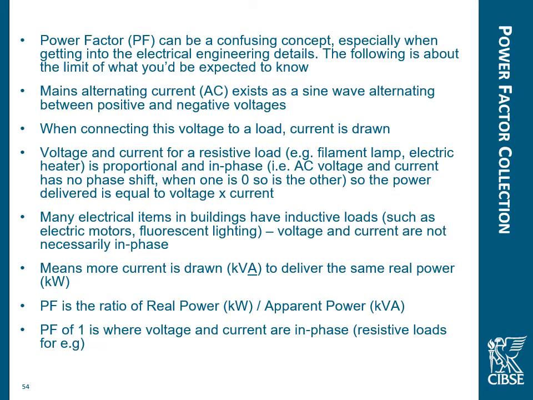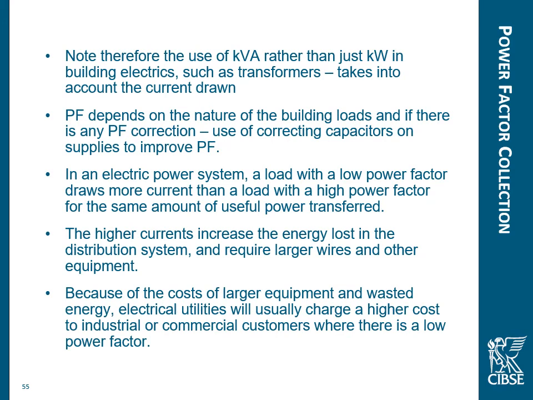But as we start to move towards fluorescent lighting, LED lighting, things like motors, lifts, escalators, compressors, air conditioning units, we tend to get kVA rather than kilowatts. So the use of kVA rather than kilowatts in building electrics, such as transformers, takes into account the current drawn, which tends to be more on kVA.